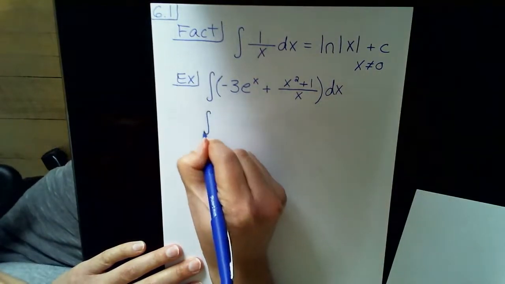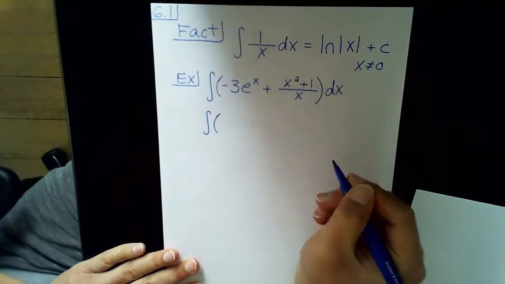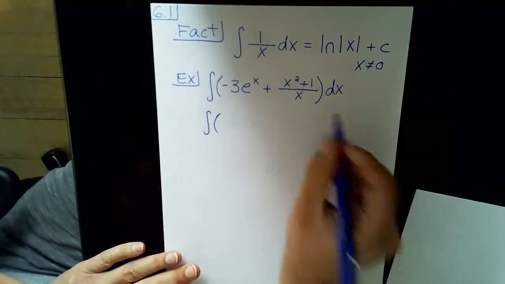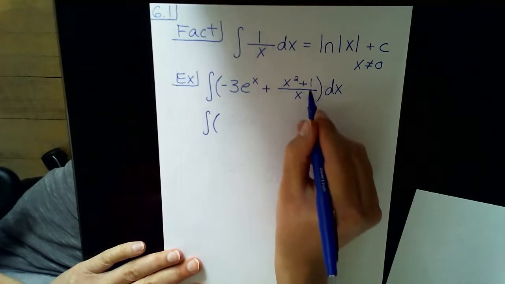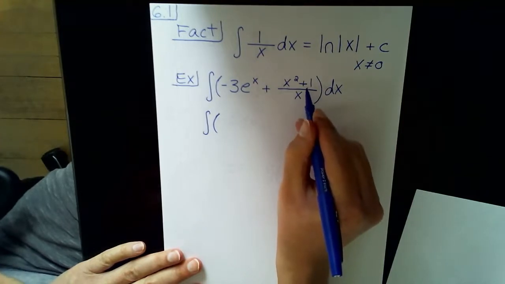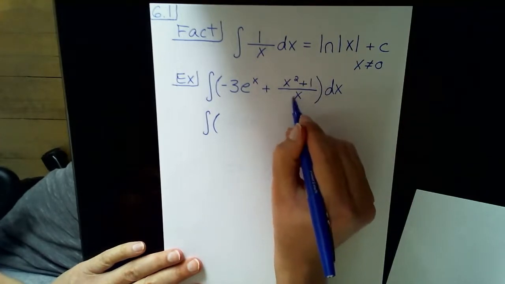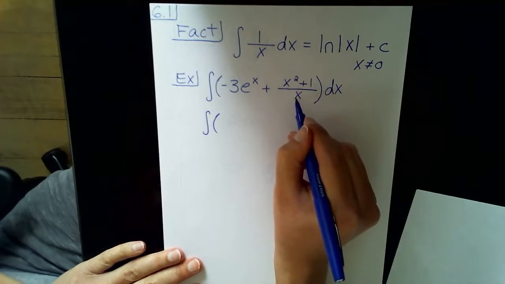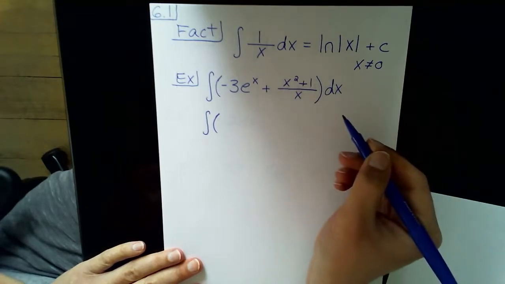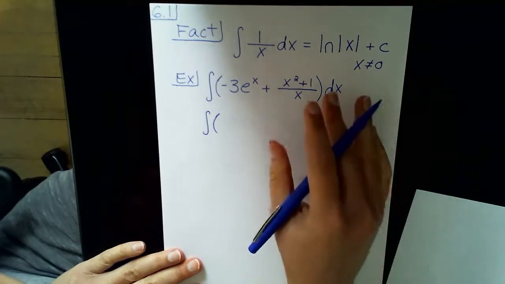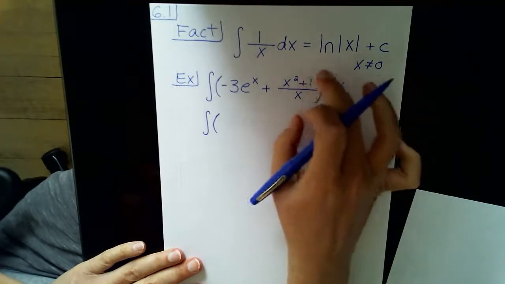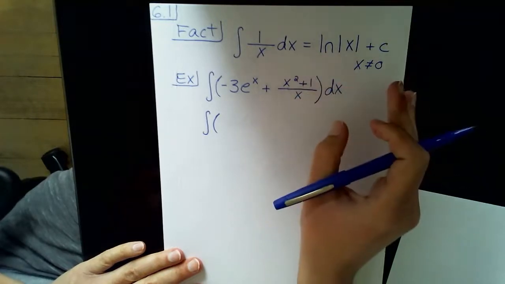Before we get started though, we do need to simplify one thing, and it's this fraction. We can't take the antiderivative of a fraction that has a variable in the denominator, because that's basically taking the antiderivative or derivative of something that might have involved the quotient rule.